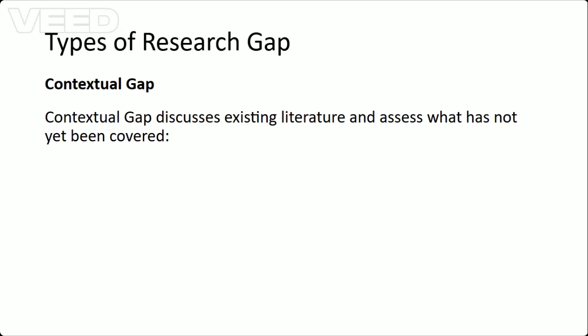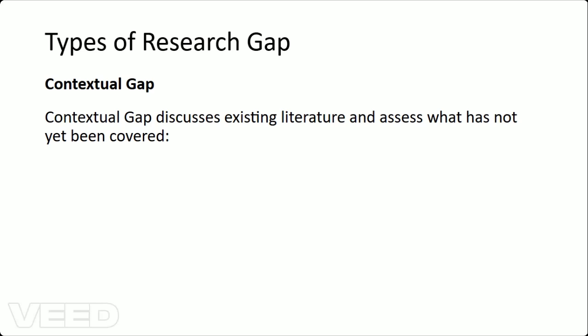For example, if your colleague has studied maybe causes of gender-based violence, you may decide to discuss effects of gender-based violence. There, you are discussing it in a different context. It may be the same topic, gender-based violence, but the content is slightly different. It's like looking at the other end of the coin.